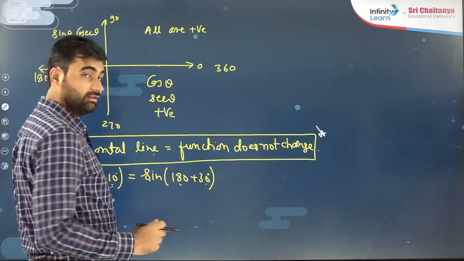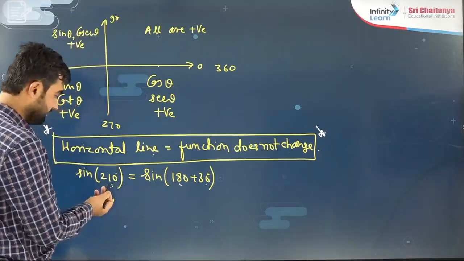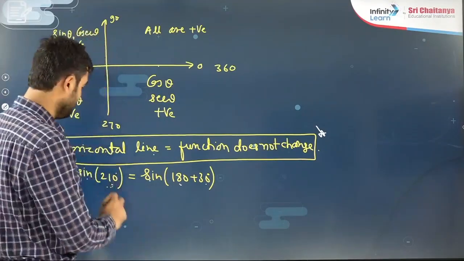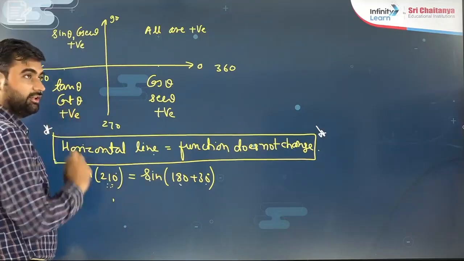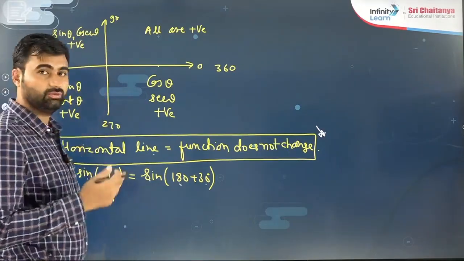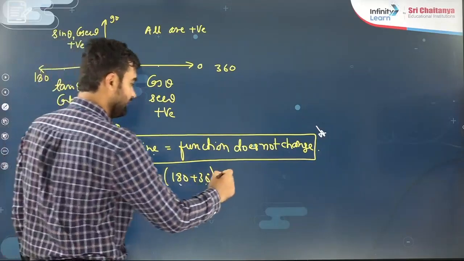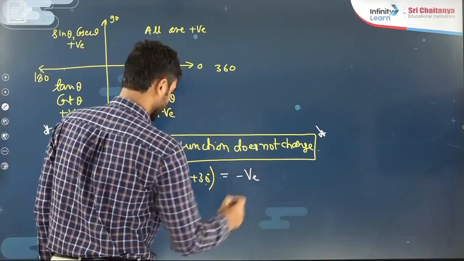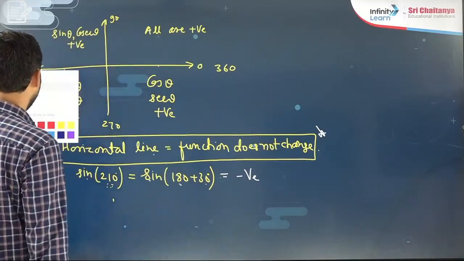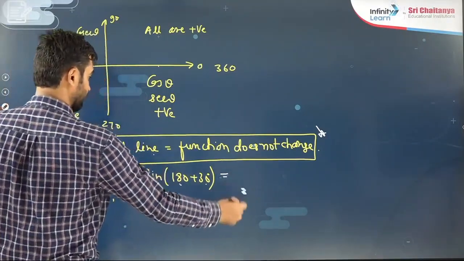Okay. Now first check whether sin 210 is positive or negative. It is in the third quadrant, and you know in the third quadrant sin theta is negative because tan theta and cot theta are positive, others are negative. So sin 210 is negative. So first use the sign: sin is negative.